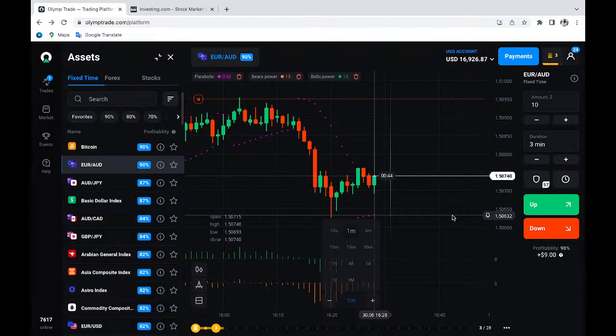So if you want to open a longer trade, you can surely use a 5 minute graph duration, and open a trade for 10 minutes, 12 minutes, 15 minutes, 20 minutes as well. However, according to the strategy, the most recommended time frame is 1 minute and trade duration is 3 to 5 minutes.